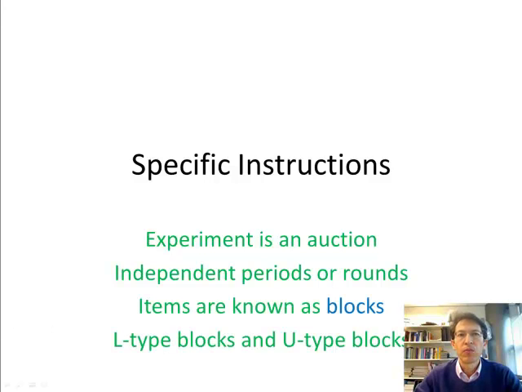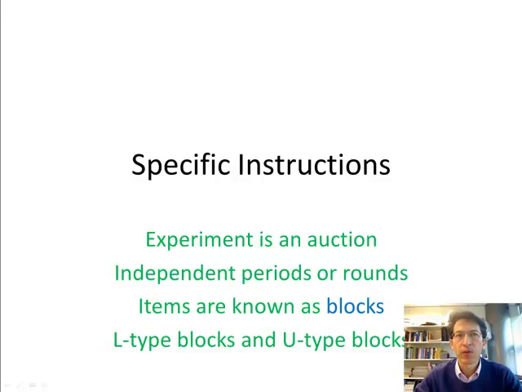At the beginning of each period, you will be assigned a value in e-dollars that you place on each block depending on which characteristics, either L or U, or perhaps U and L, the block is assigned. In addition, you will be assigned a financial budget representing the total funds available to you for bidding in that period.